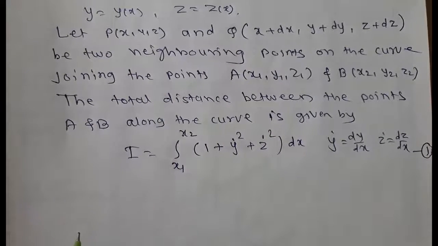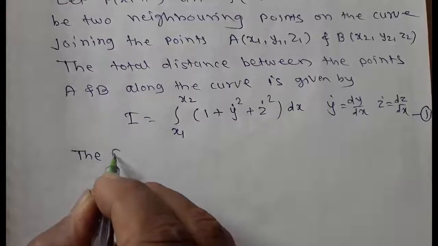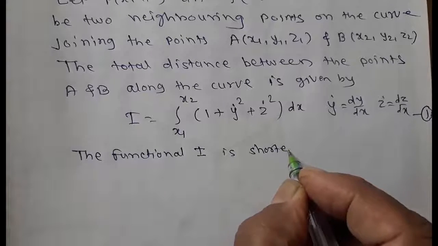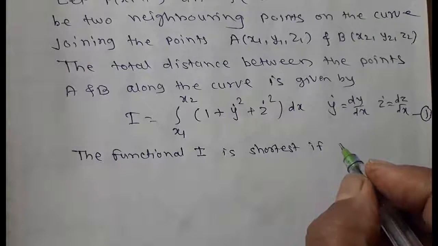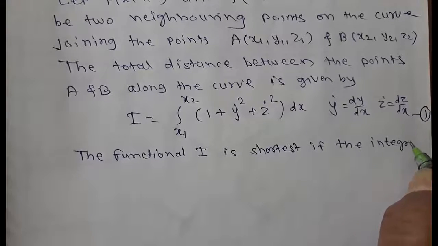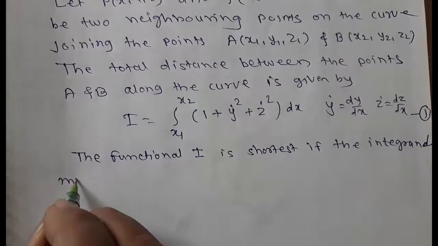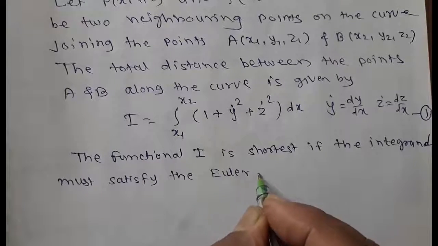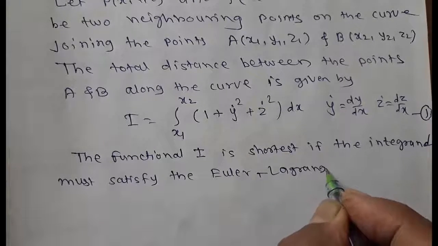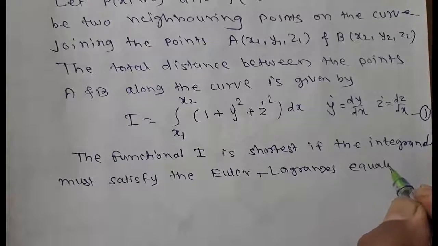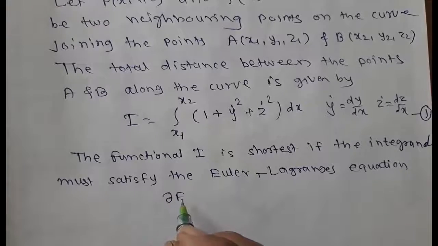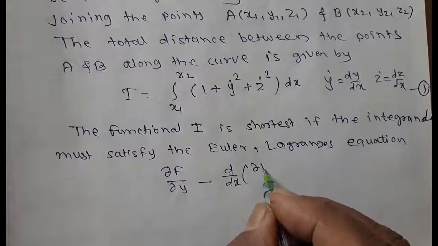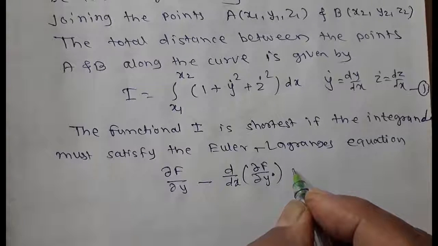The functional I is shortest if the integrand satisfies the Euler-Lagrange equation, that is, dou f by dou y minus d by dx of dou f by dou y dash equal to 0.